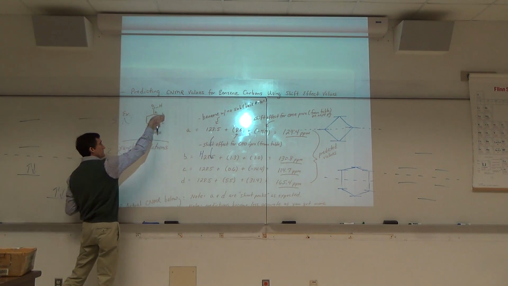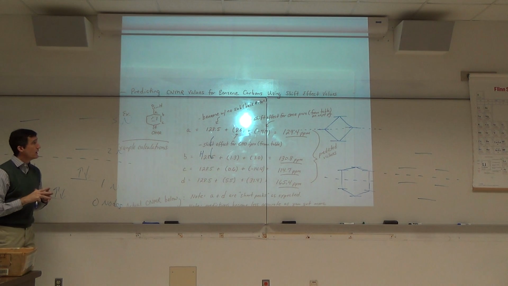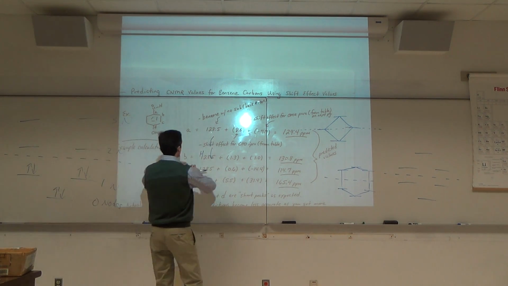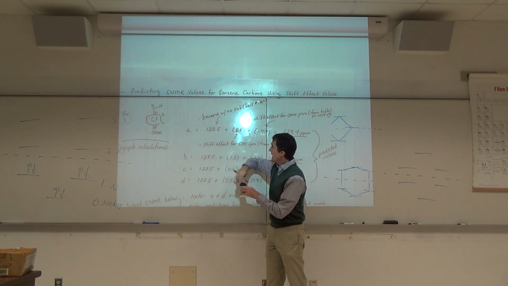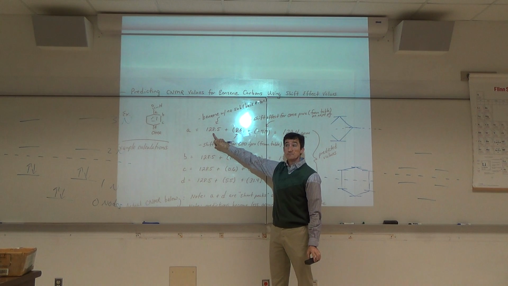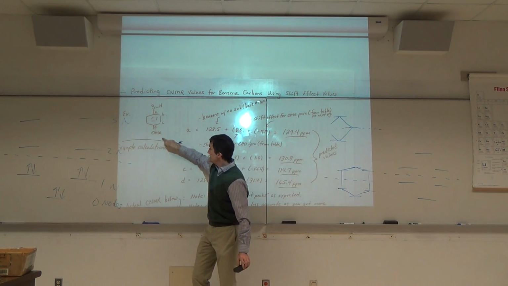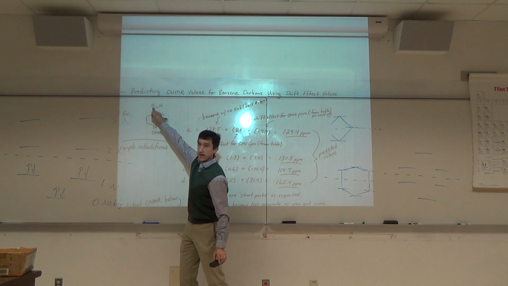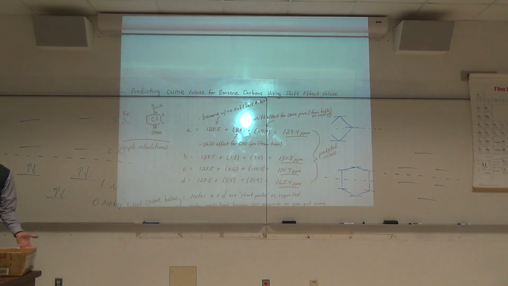Again, 120, 160, but where precisely? We can calculate these by this manner. We start with 128.5. That's where benzene is, just benzene with no substituents. Then we say, okay, how does this change the value and how does that change the value? That's called a substituent shift effect.